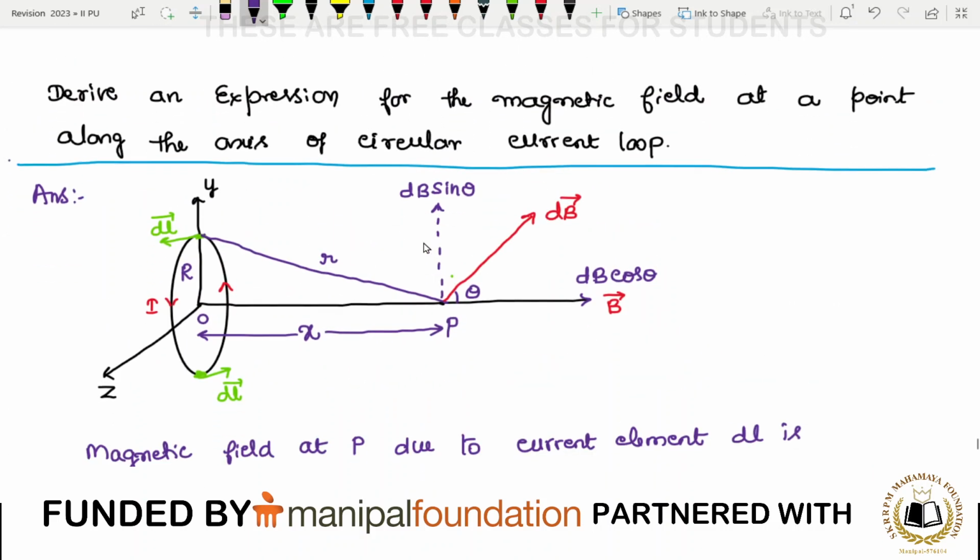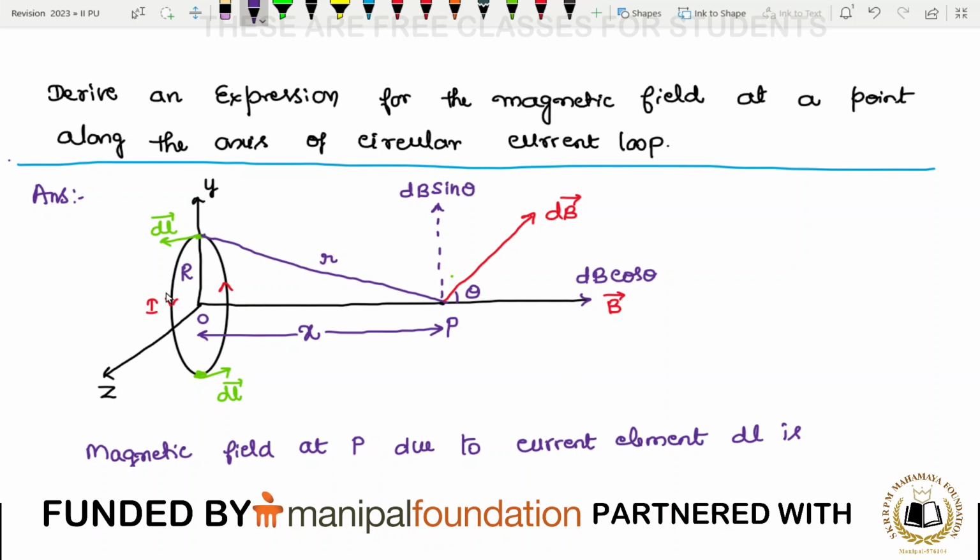Derive an expression for the magnetic field at a point along the axis of a circular current loop. We'll take one loop which carries current in the anti-clockwise direction. Radius is capital R. Let P be a point at distance x from the center of the loop.